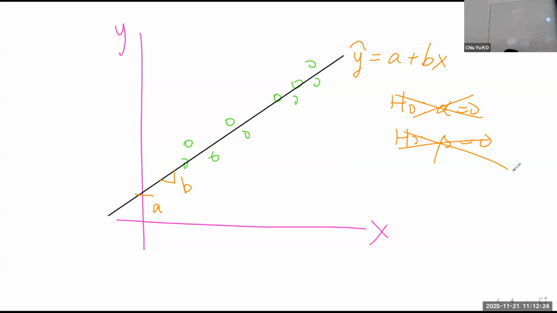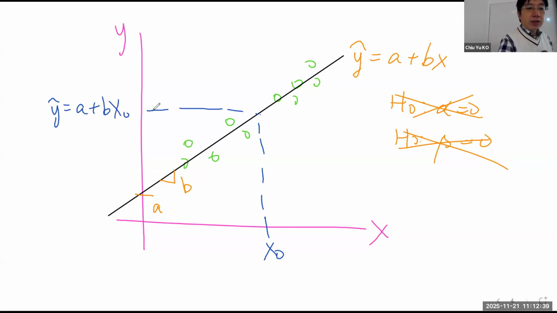So it's good if you give me a particular x0 number here, go up. This y hat will be a plus bx0. So this is our point estimate.